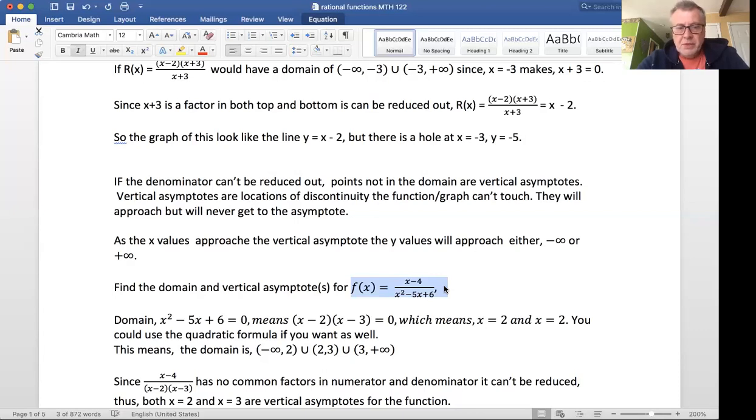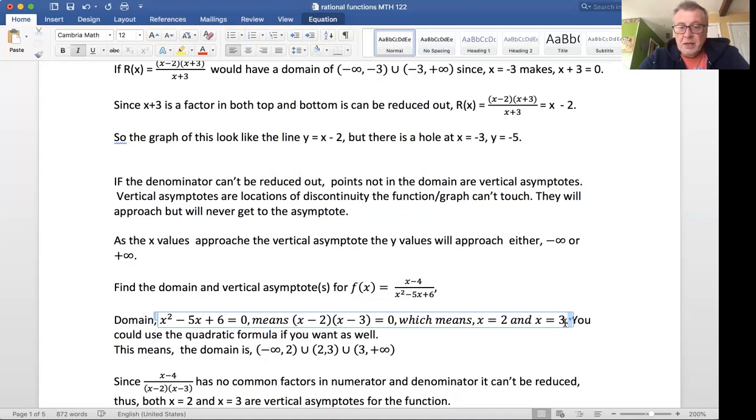So x squared minus 5x plus 6 equals 0 means x minus 2 times the quantity x minus 3 equals 0 when we factor it out, which means x equals 2 and x equals 3. You could use the quadratic formula as well.